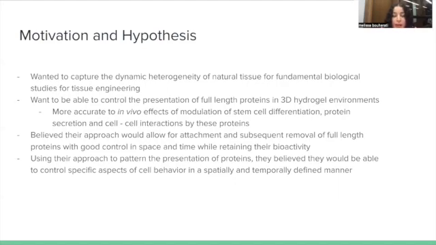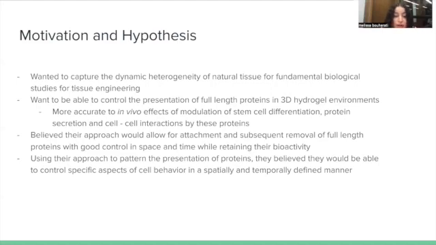In terms of the hypothesis, the researchers wanted to know if their approach would be good for attachment and subsequent detachment of full-length proteins with good control in space and time while retaining their bioactivity. They believe that a protein patterning approach could provide further avenues to probe and direct changes in cell physiology in response to dynamic biochemical signaling in a spatio-temporal manner.